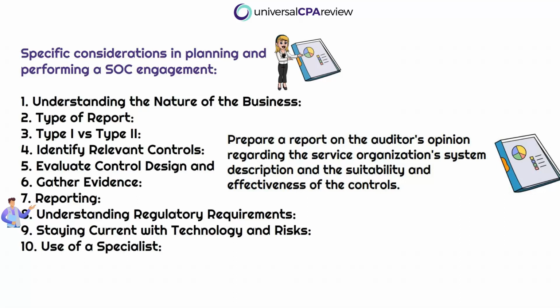So what goes in this report? Well, this is going to be the suitability of the design of the controls and potentially the effectiveness of the controls as well. The service auditor should also present the scope of the engagement. And if the auditor had any limitations at all, this should also be disclosed. And finally, the results should also be disclosed.